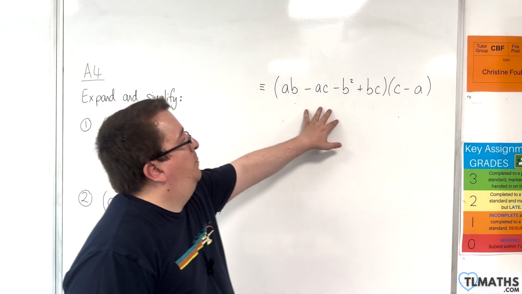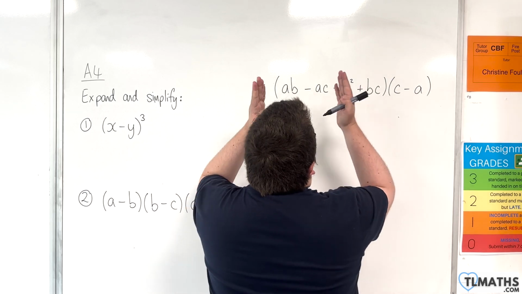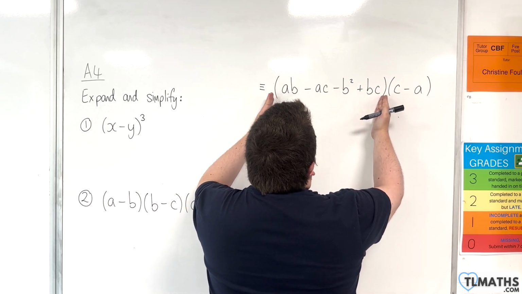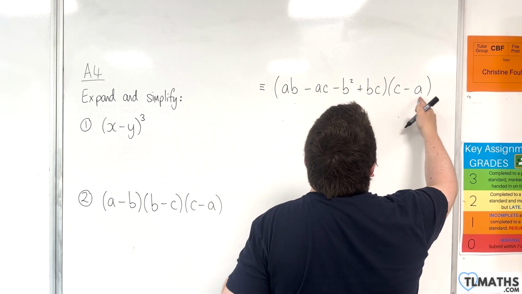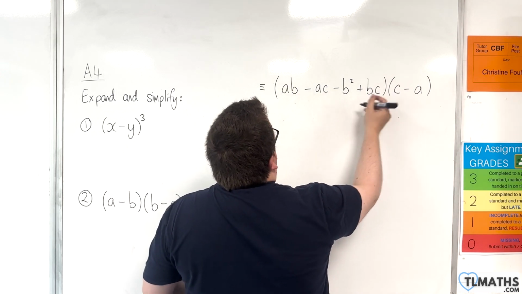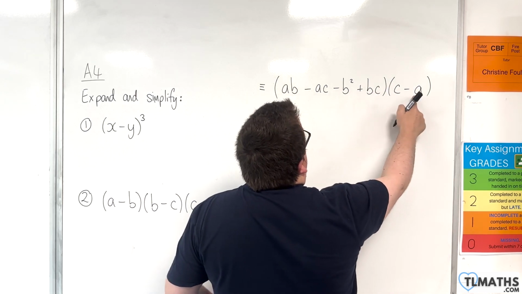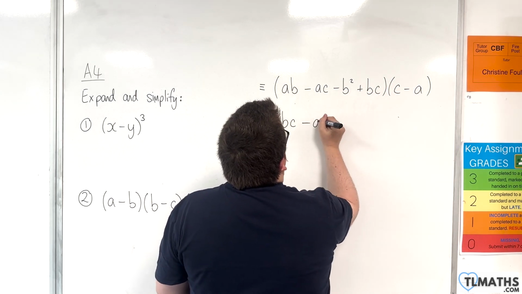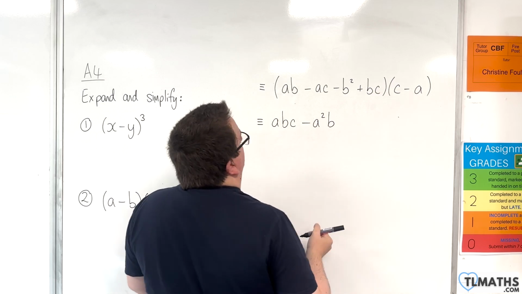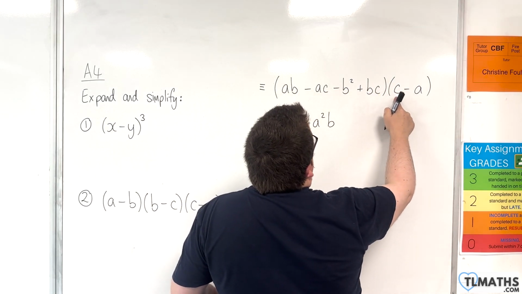We now need to multiply these two brackets together. So, remember, every term that is in this bracket needs to multiply with both those two terms. So we'll have ab times c, so abc. ab times minus a is minus a squared b. Then we've got minus ac times c.